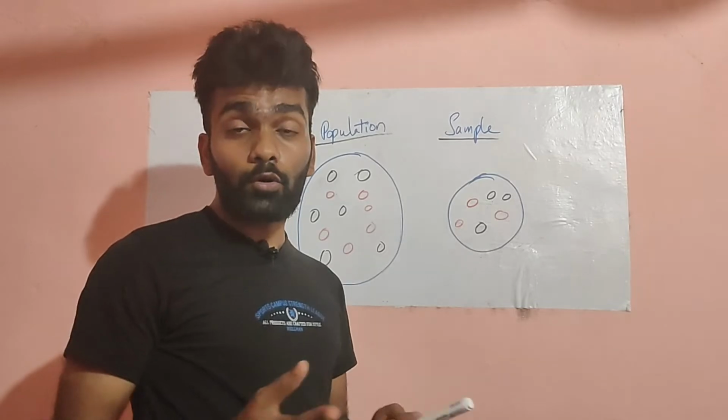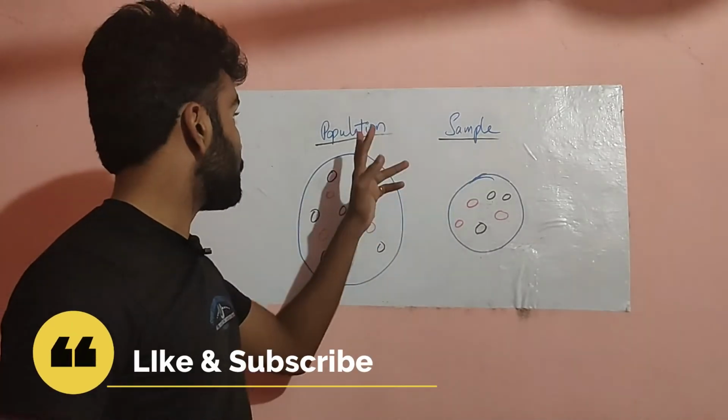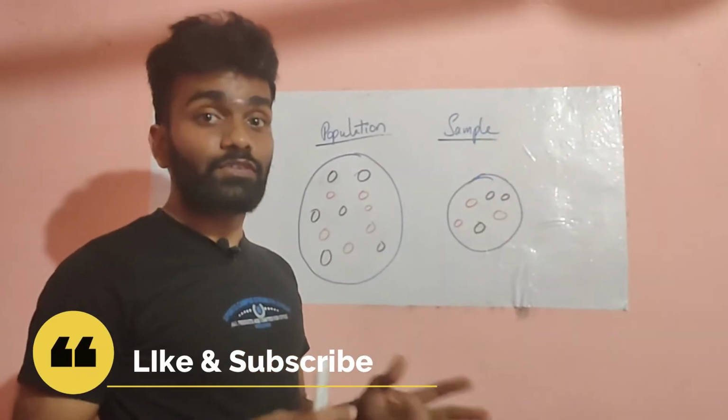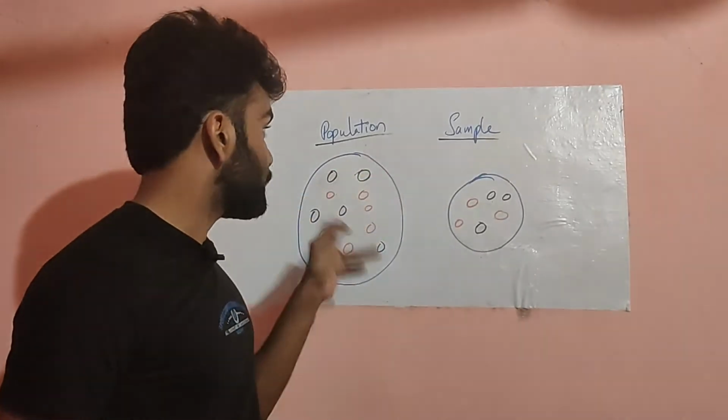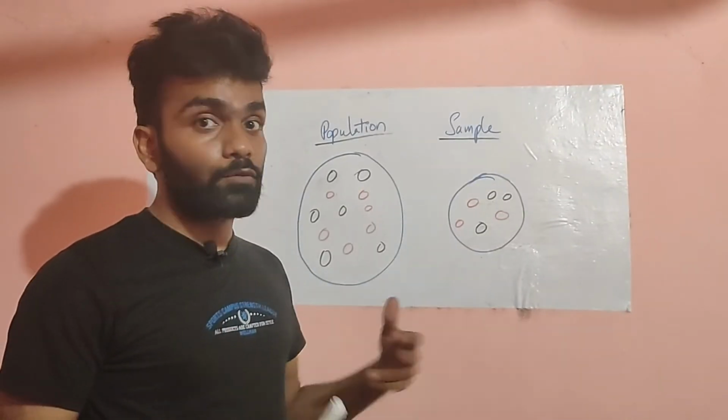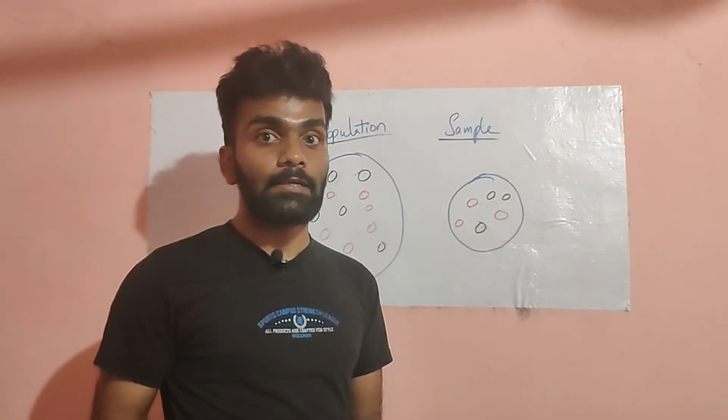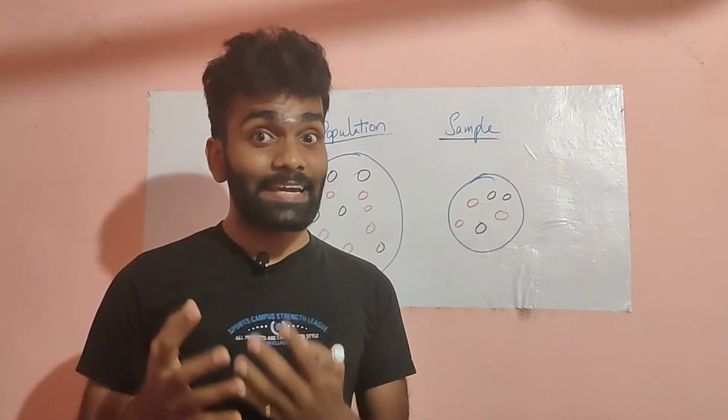Now I will demonstrate with an example so that you can better understand population and sample. You can see here, this is the population, and this is a sample. We have just discussed the previous example, like performing clinical trials.